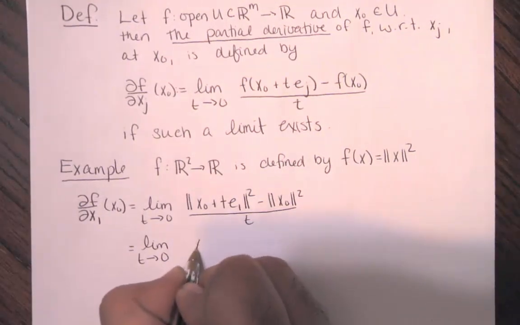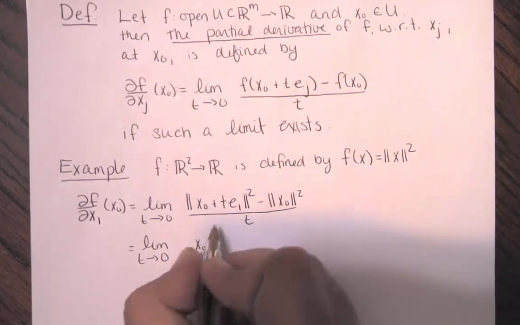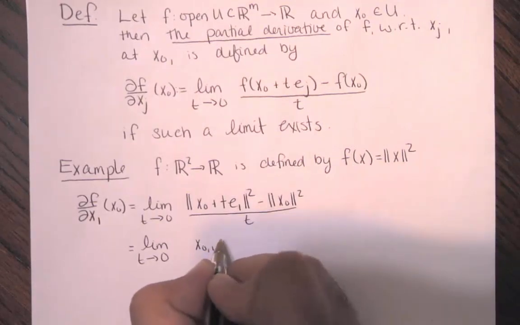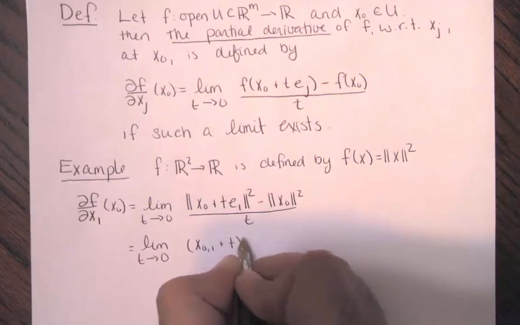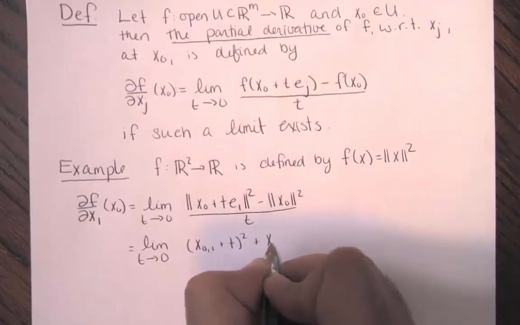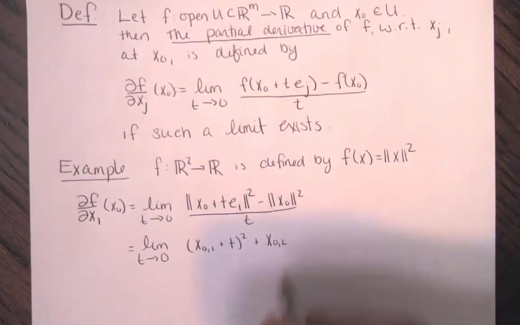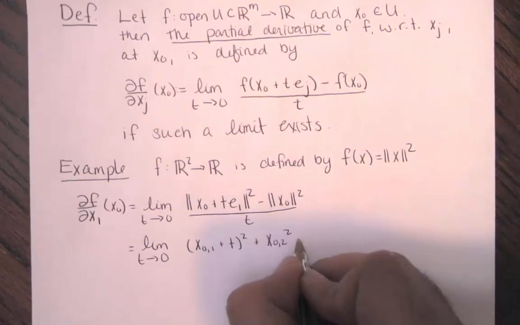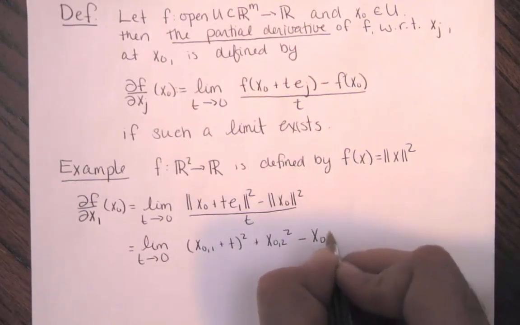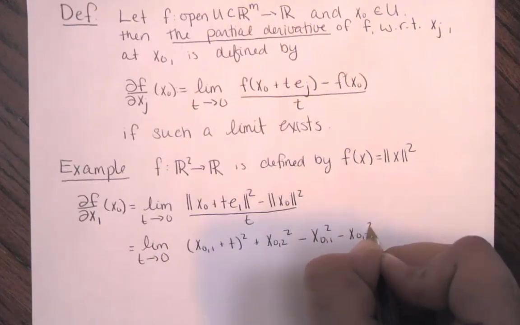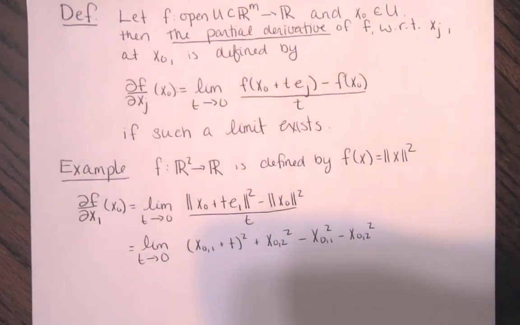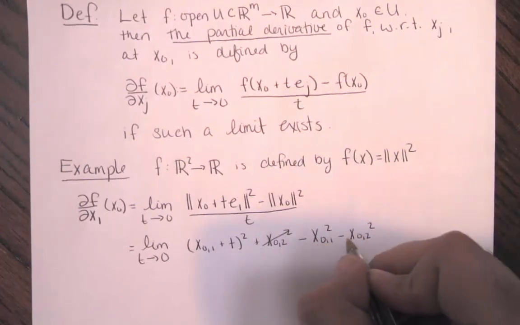So this is x naught comma 1 plus t squared plus x naught comma 2 squared minus x naught comma 1 squared minus x naught comma 2 squared. Of course, this term cancels with this term.